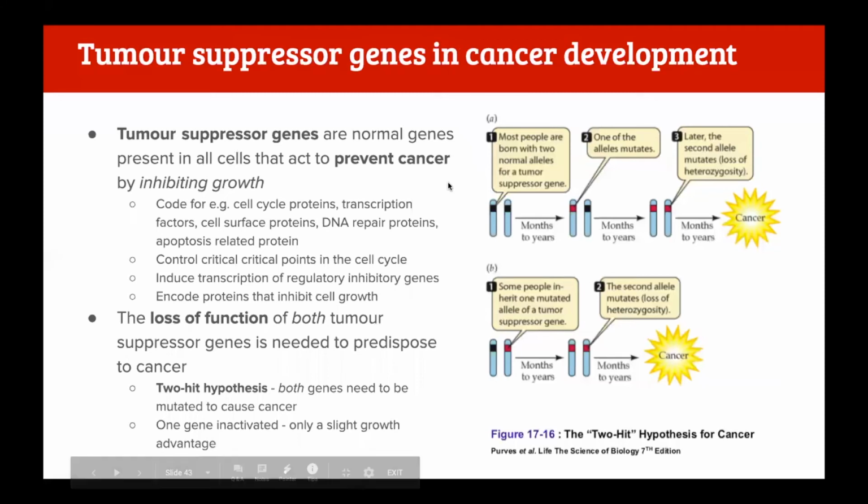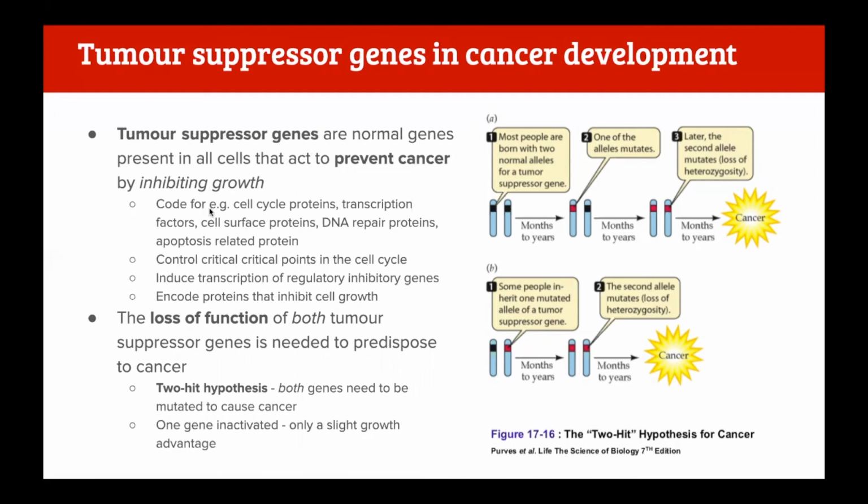Another thing that can relate to cancer development is your tumour suppressor genes. Tumour suppressor genes are normal genes that are present in all cells that act to prevent cancer by inhibiting growth. So you kind of have a balance between your tumour suppressor genes and your proto-oncogenes, right? A balance between promoting growth and inhibiting growth.